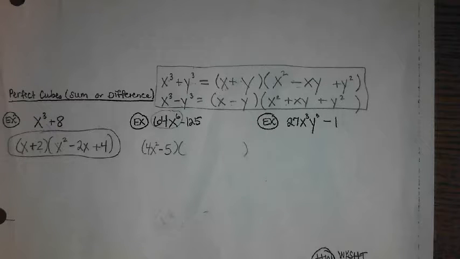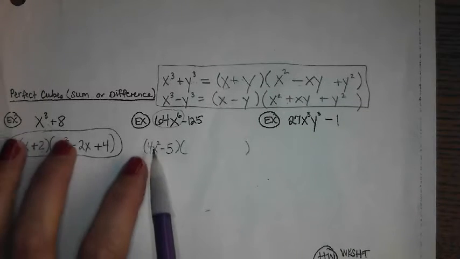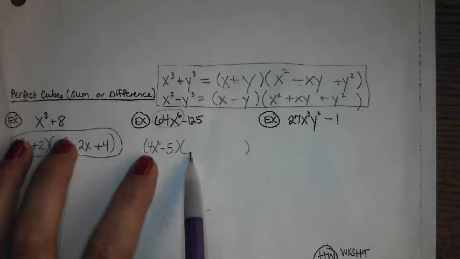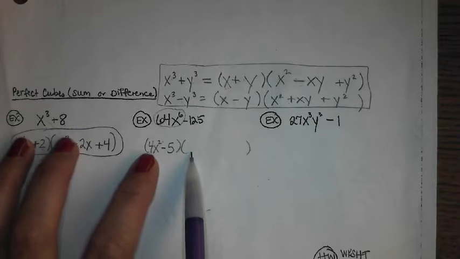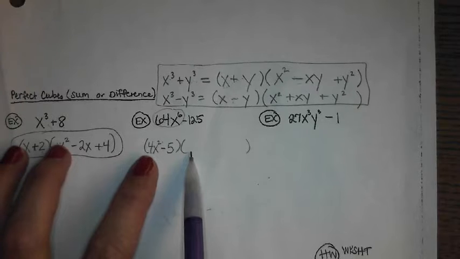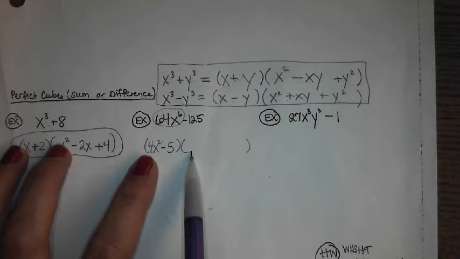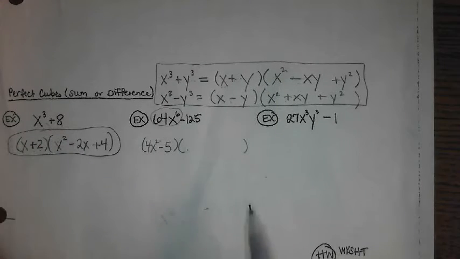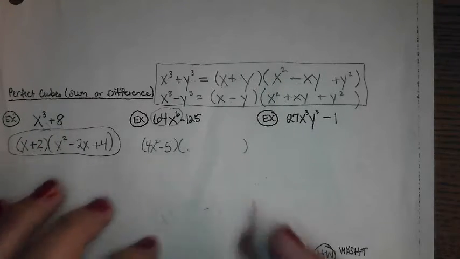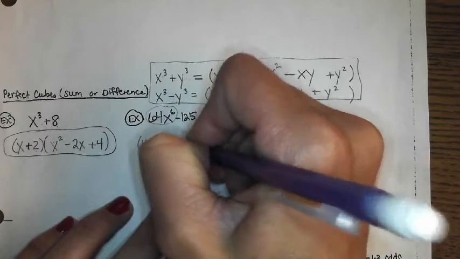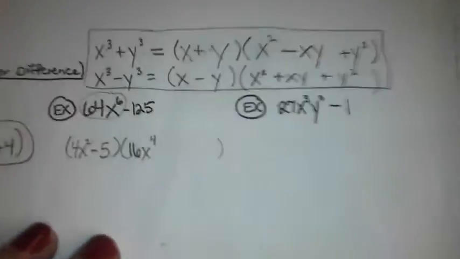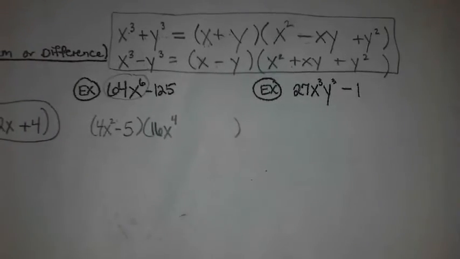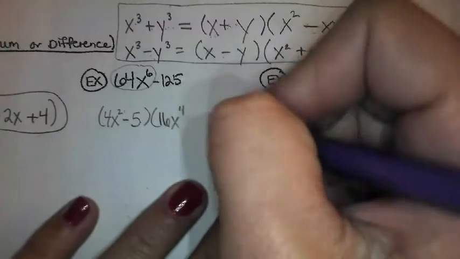And then jumping to the trinomial, what is 4x squared when you square it? Nathan H. 4x squared when I square it. Perfect. You definitely have to slow down with these bigger ones. Negative 5 when you square it for the last term is obviously plus 25.